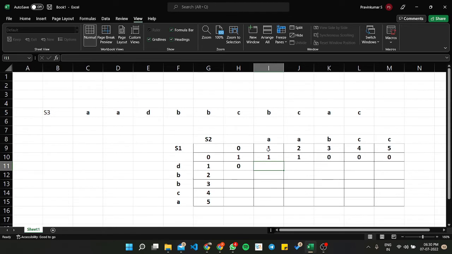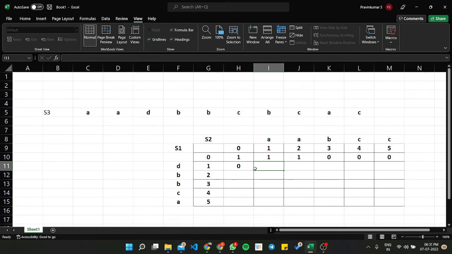Then I will again check the next character. The next character is the first character. I will take the first character from S2 and D. So it's 1 plus 1, 2, so it's the second character. I want to check whether it's matched with this constraint. A is matched. If it is matched, I want to check the previous conditions.